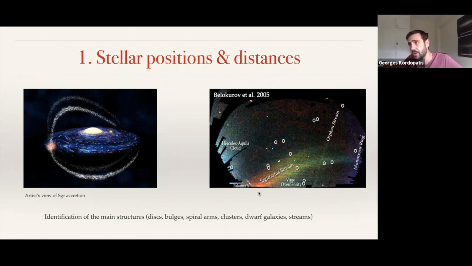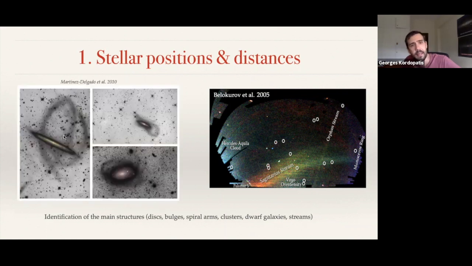And such events, of course, are happening as we speak, not only for the Milky Way, but they are also happening in external galaxies. And I cannot resist showing you this very nice image from a paper of Martinez-Delgado in 2010, where you can see, it's a composite image, different external galaxies with these very nice streams orbiting around the host galaxies.